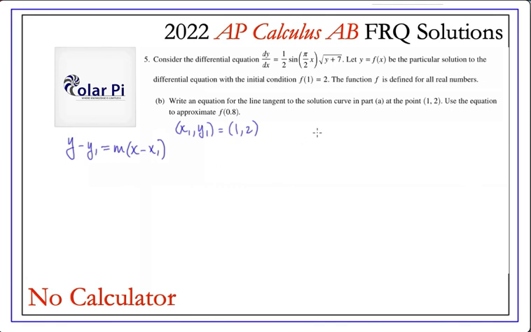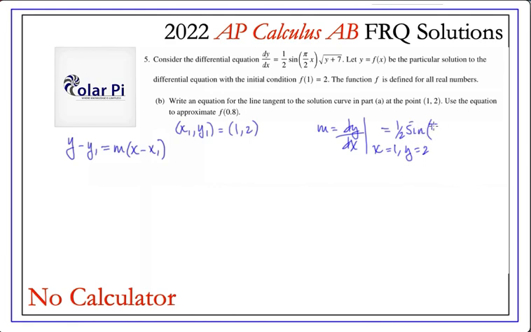And m has to be the derivative dy/dx evaluated at the x coordinate, and if we seek a y coordinate, we'll have to include it. So x equals 1 and y equals 2, because dy/dx takes in both x and y, right? So that's going to equal 1/2 sine of pi over 2 times 1.